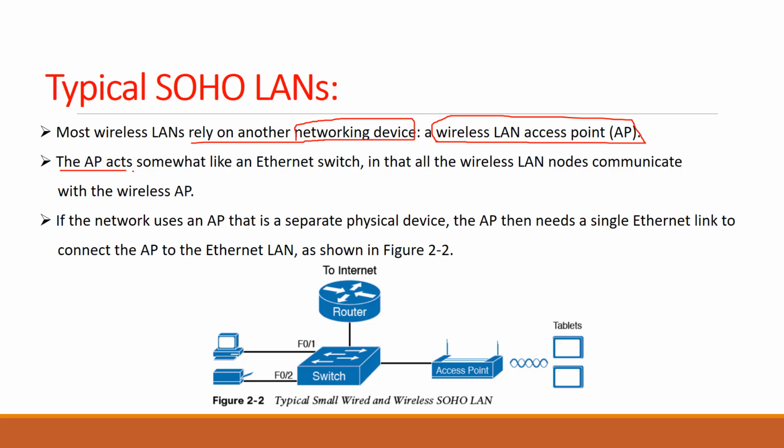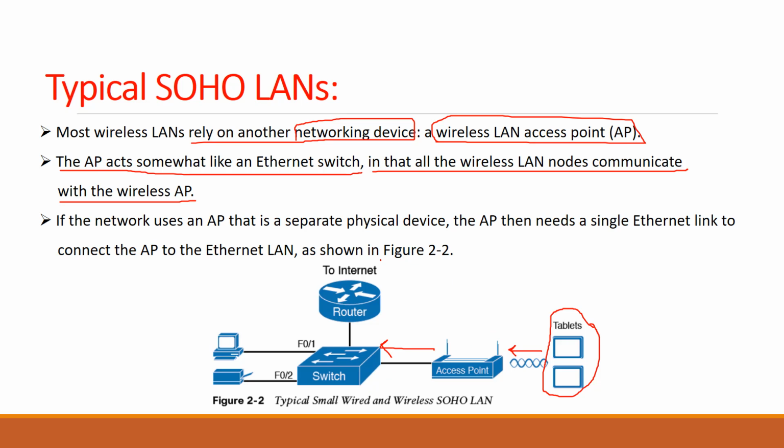The access point acts somewhat like an Ethernet switch, in that all the wireless LAN nodes communicate with the wireless access point. As you can see in this figure, we have some tablets that are connected through radio waves to the access point, and the access point is connected to the switch.